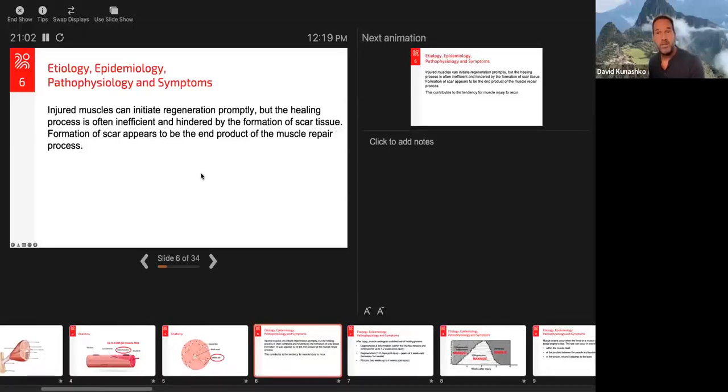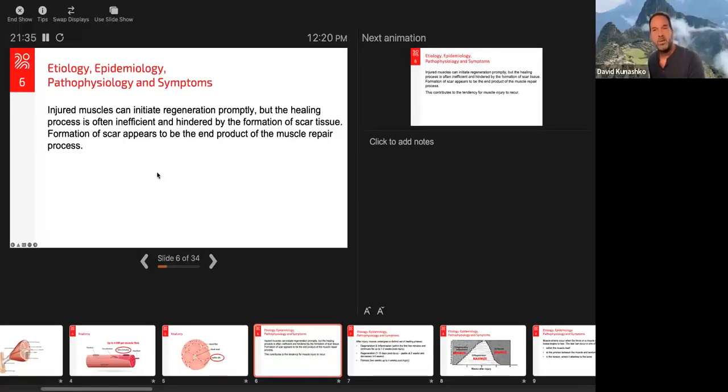When a patient has a muscle strain, there's an initial regeneration process that occurs. Unfortunately, it's usually inefficient, and it's often hindered by excessive scar tissue formation, which means that once patients have healed, the muscle fibers tend to have scar tissue and adhesions that make them more prone to re-injury.